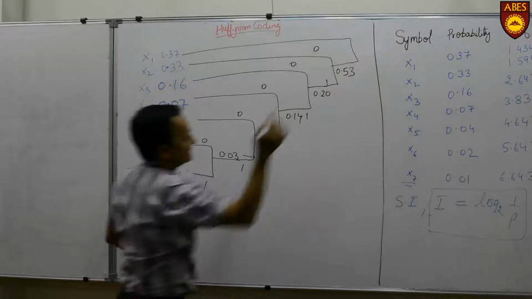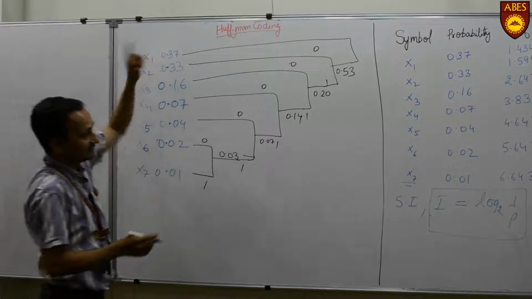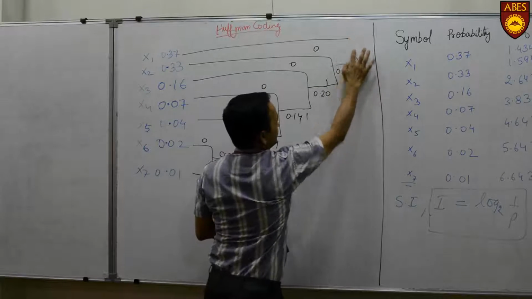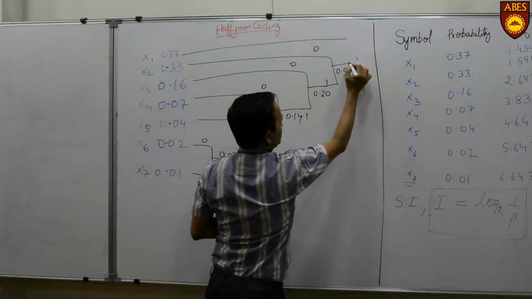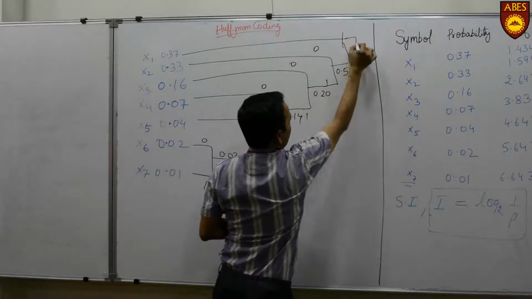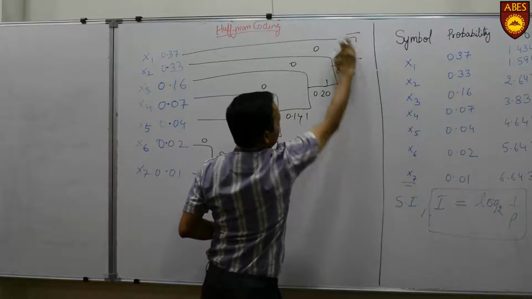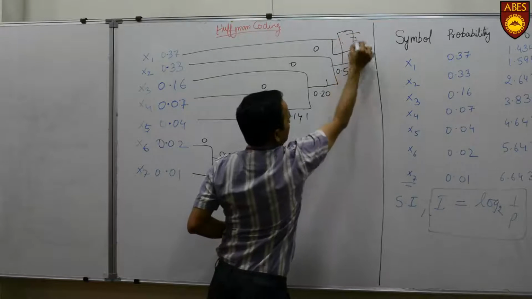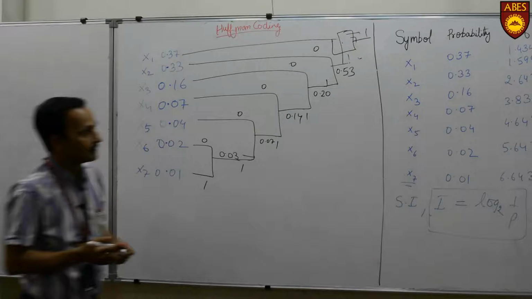And finally for these two symbols, 0.53 is greater than 0.37, so we take this 0.53 above and 0.37 below, and again add both these symbols, and finally we get 1.